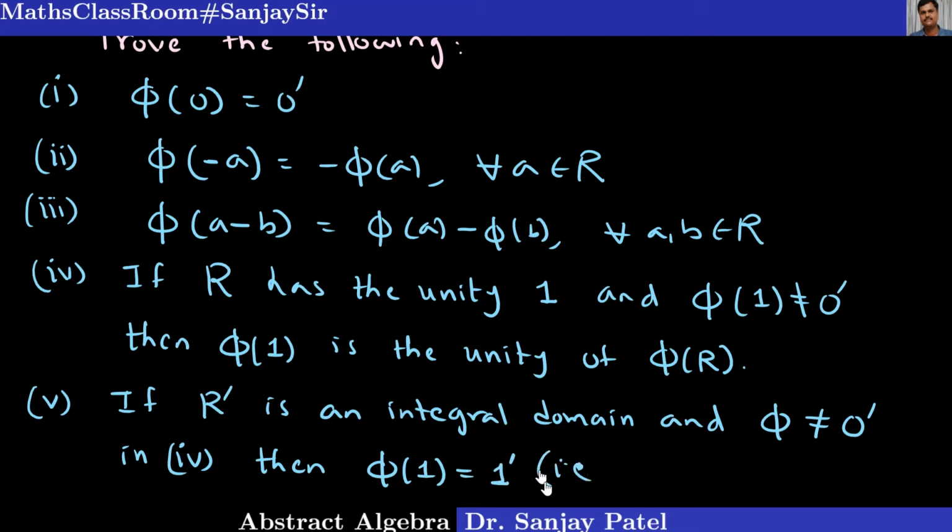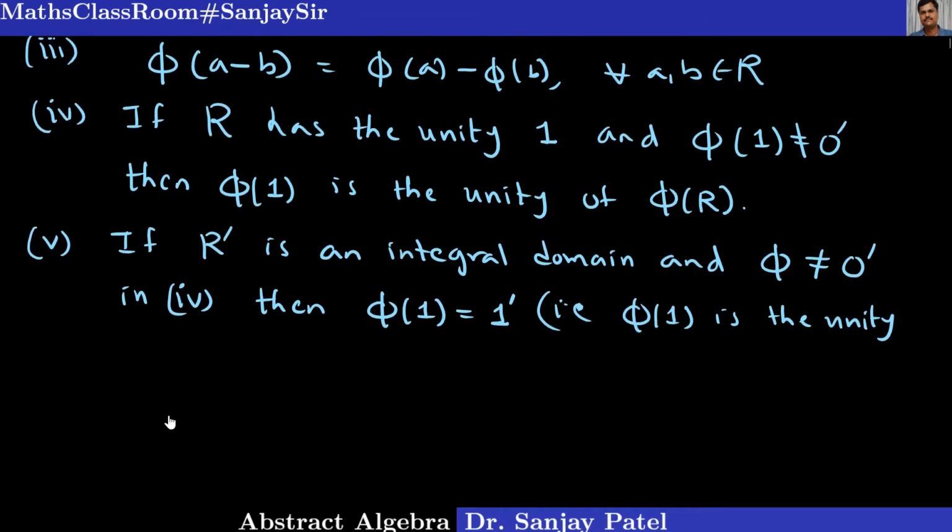That is, phi of 1 is, in this case, the unity of the whole codomain ring R dash. So let us prove this one by one.